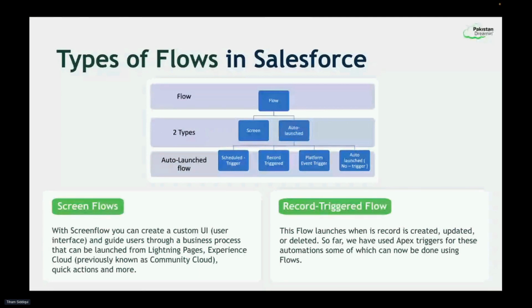Salesforce can generate platform events, and on the basis of those events, you can trigger some actions. Autolaunch flows can be invoked by Apex classes, or you can invoke them using some other flows.